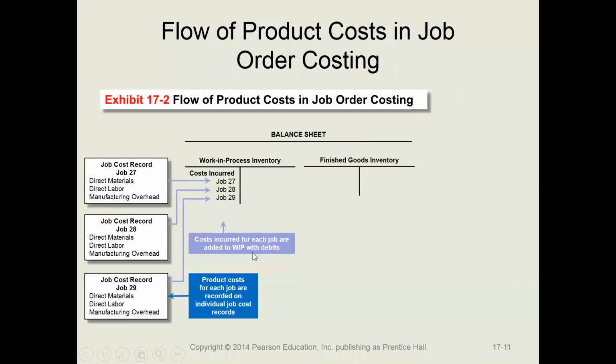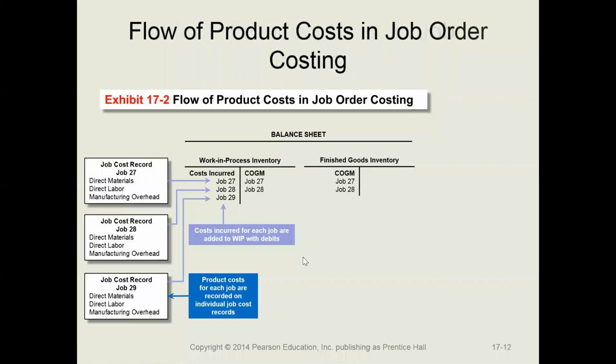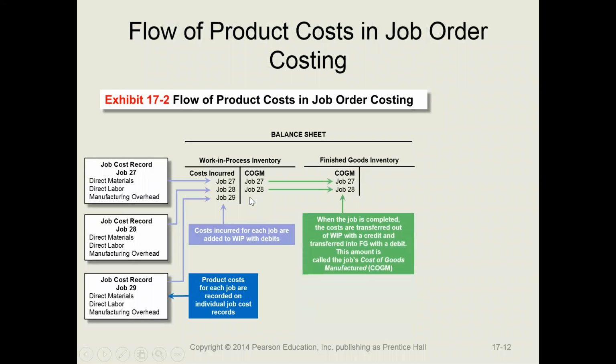If you were to look on the balance sheet, you'll see the total of each job goes into work in process inventory. When the job's complete, when you're finished making it, it's no longer work in process inventory.